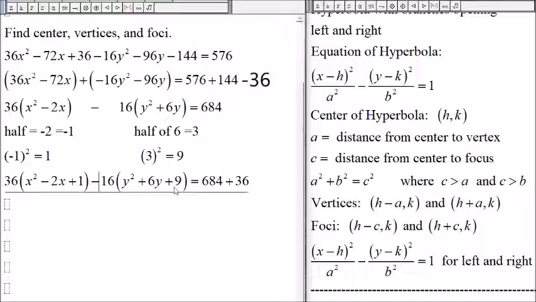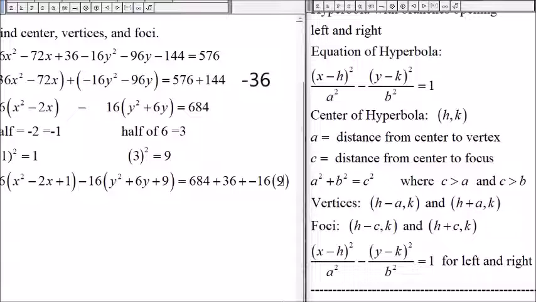So when we inserted the 9 here, we added negative 16 times 9 to the left side. So we need to do the same thing, add negative 16 times 9 to the right side.